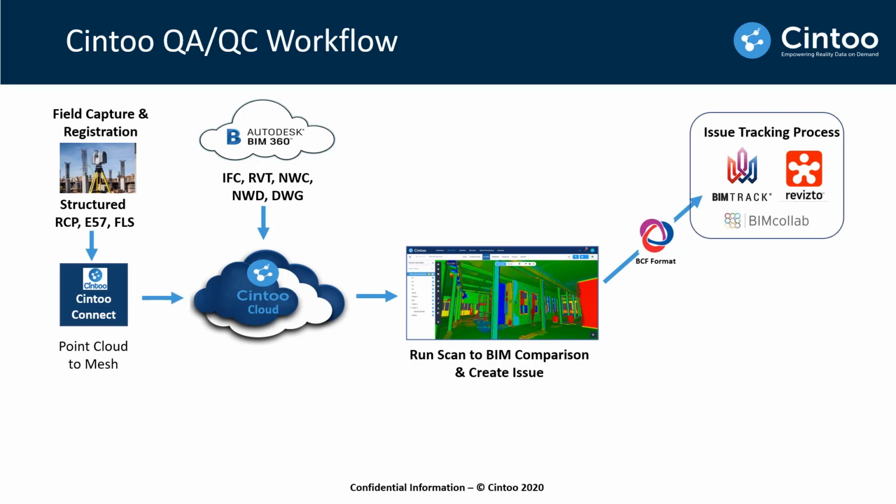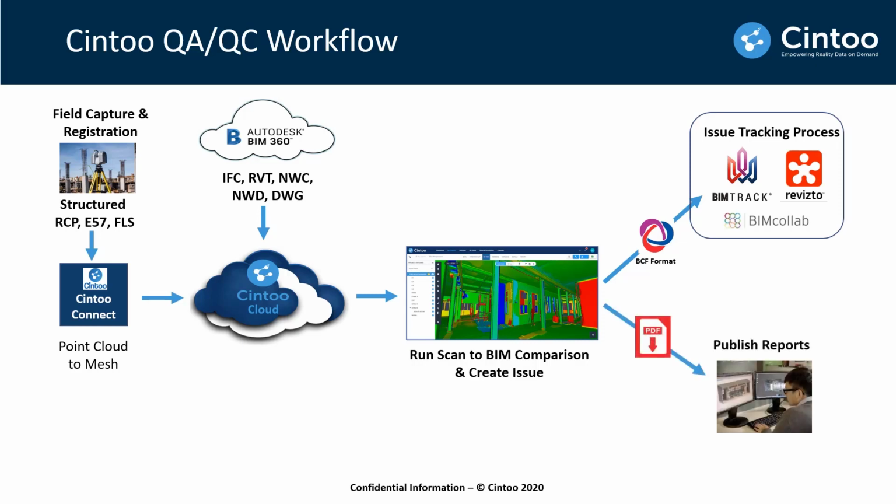These issues can be pushed out in two different ways. The first is to export out as a BCF format, which will help feed our issue tracking processes using software such as BIMTrack, Revizto, or BIMCollab. And we also have the ability to export out an intelligent PDF that we can publish out to others on the project team. So now I would like to show these workflows in product.